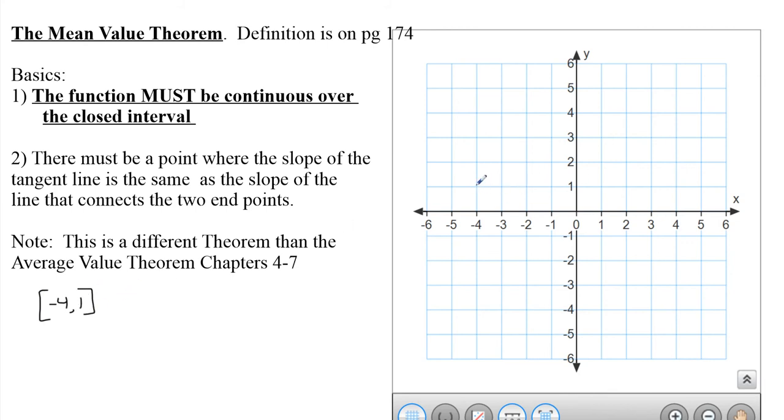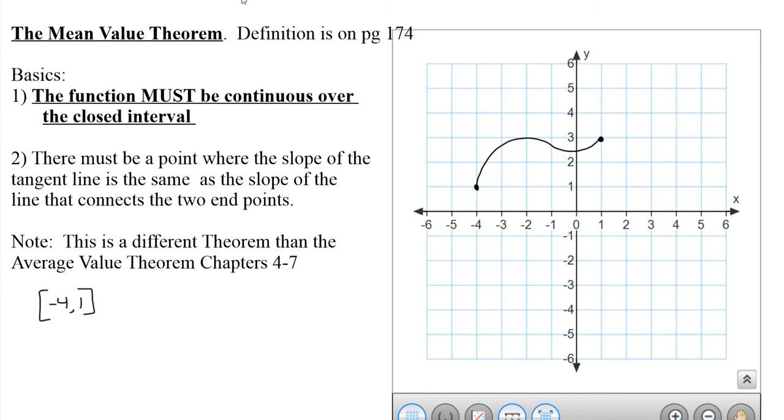Here's -4, and then at 1, it's right here. What the Mean Value Theorem says is that there must be a point where the slope of the tangent line is the same as the slope of the line that connects the two endpoints.